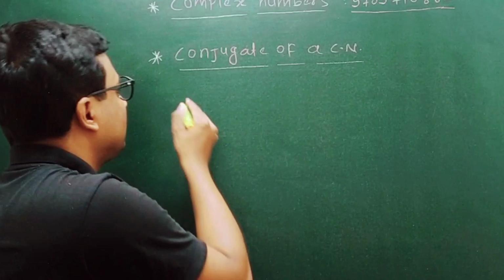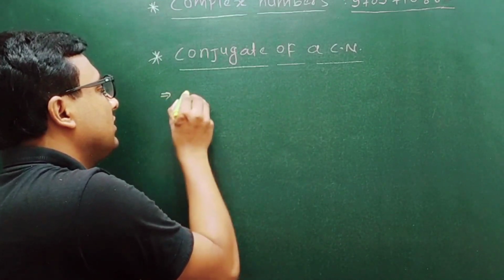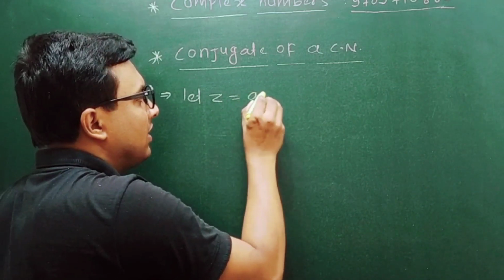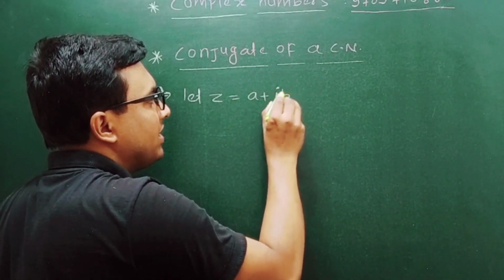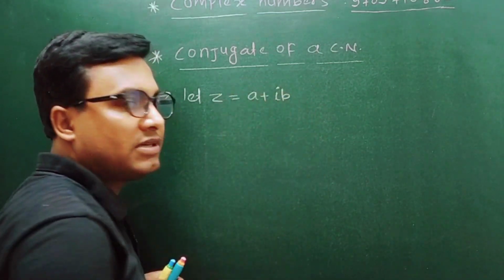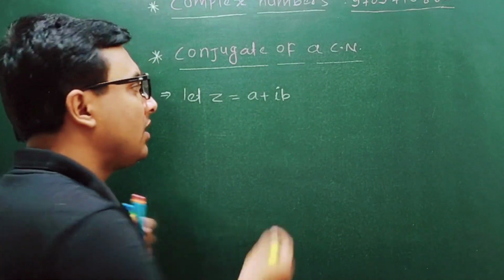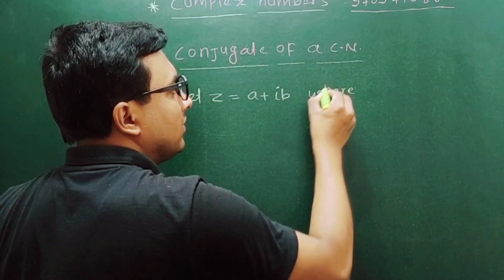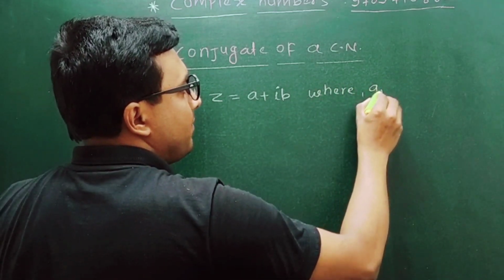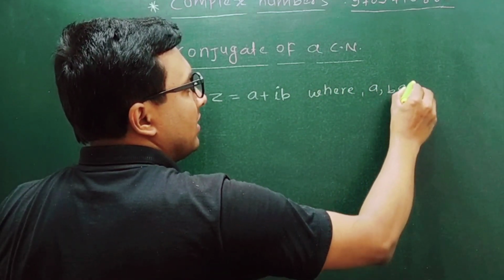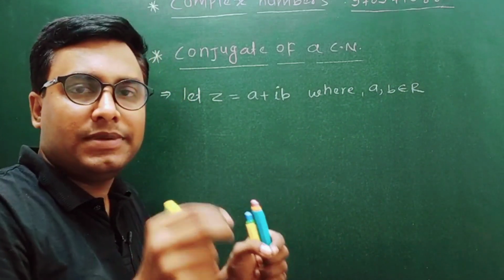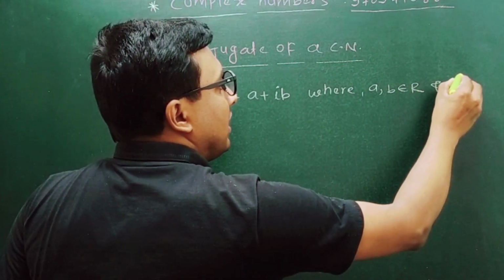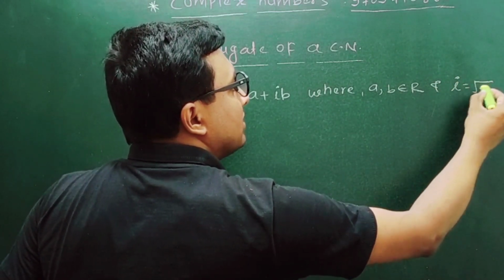We know that let z is equal to a plus iota b is a complex number, where a, b belong to R. That means a and b are real numbers and iota is equal to root under minus 1.